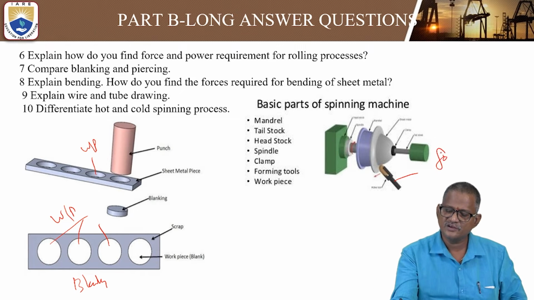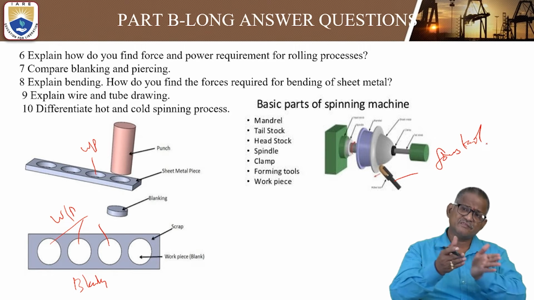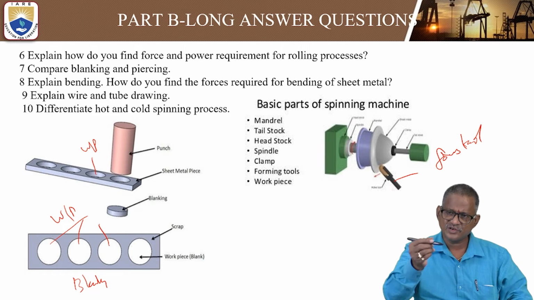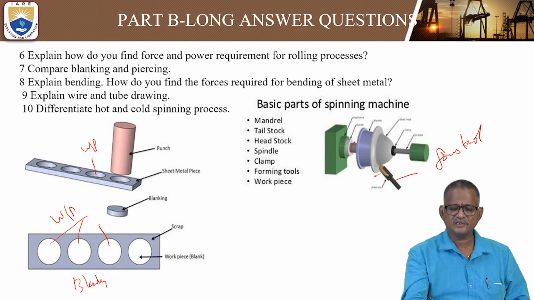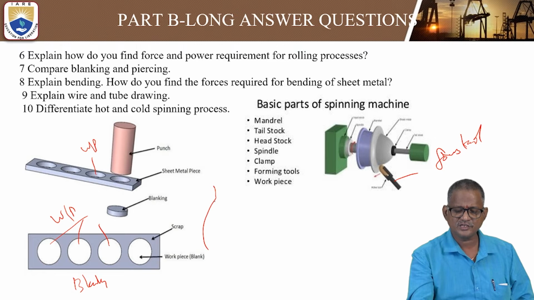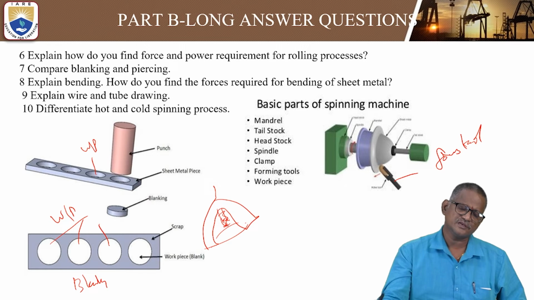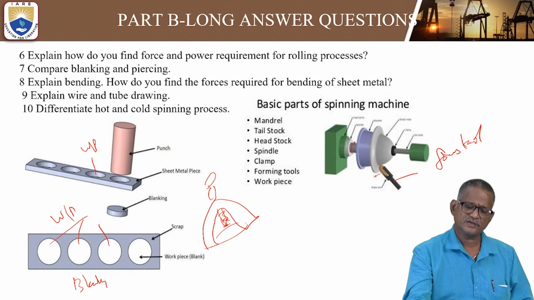Whenever you apply this forming tool on the conical shape, that bell shape is obtained. In temples, large bells are available, and those bells are made by this spinning process. So how can you obtain all this?